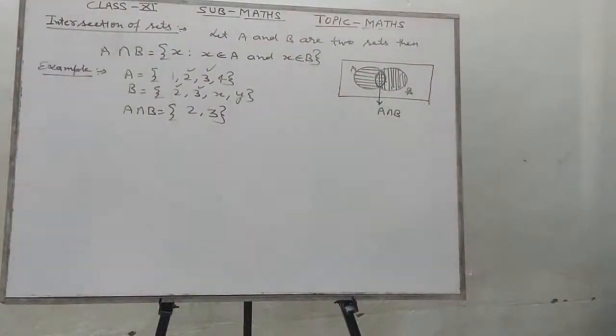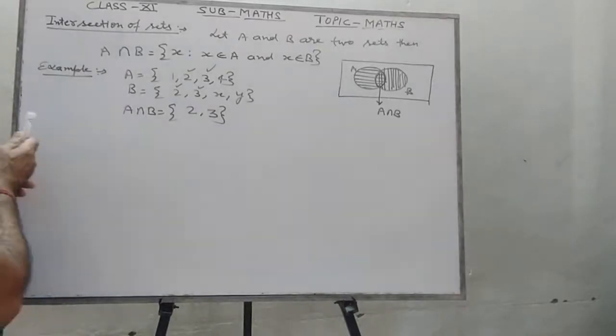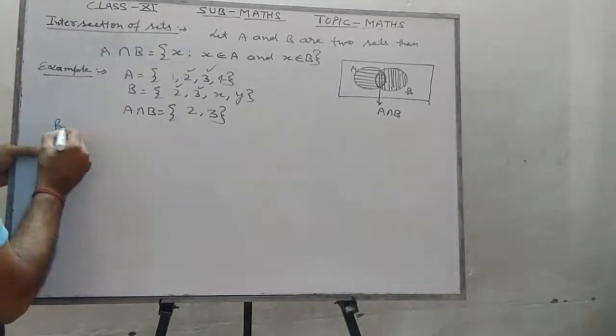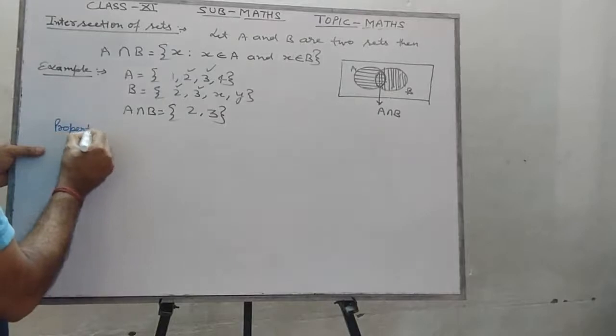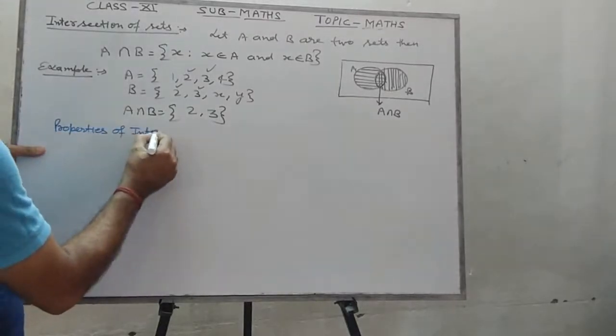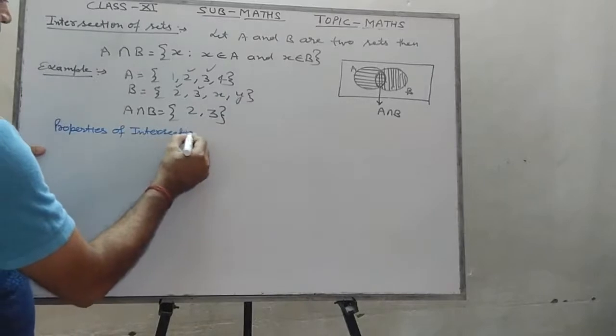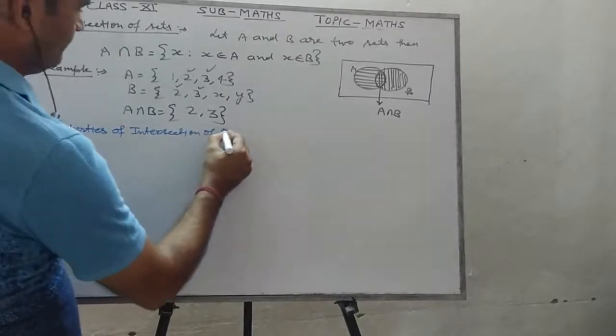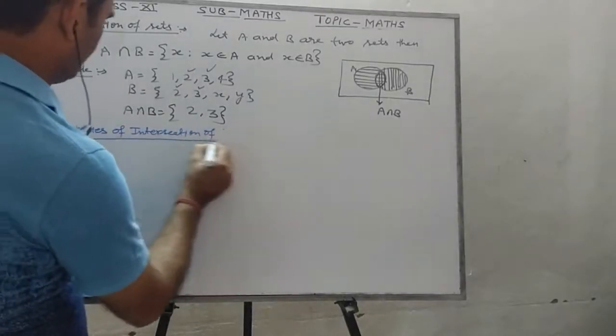It has properties just like union. Just like union, what are the properties of intersection of sets?